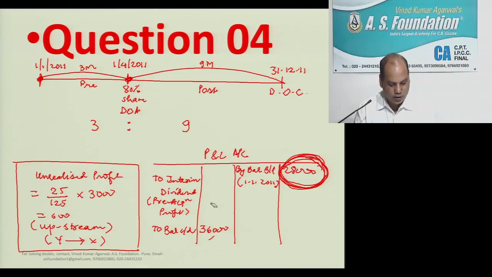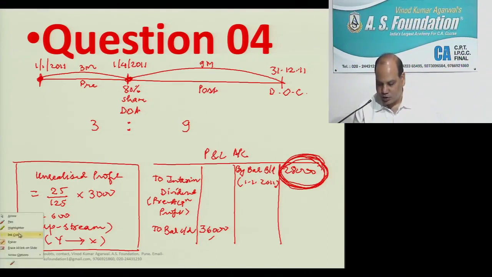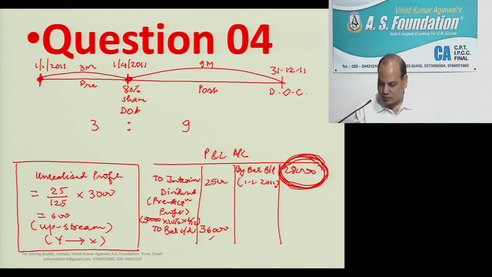Y. 50,000 into 10%, 5,000. But interim dividend is paid for 6 months. Although 6 months is not mentioned there, we will assume that interim dividend is paid for 6 months. So 6 by 12 comes to 2,500.